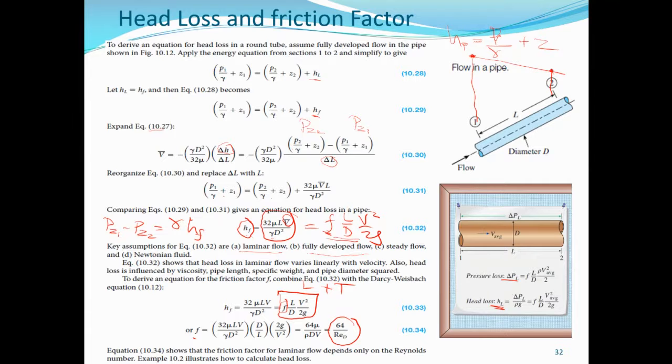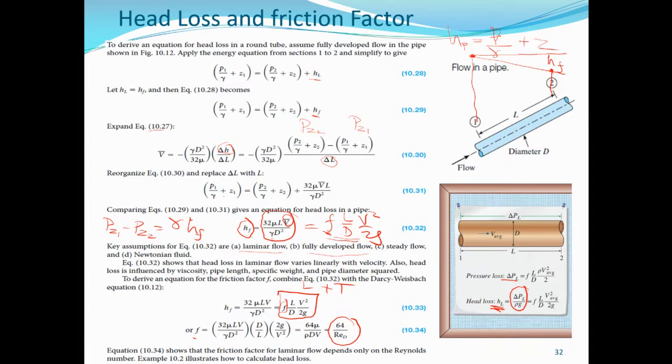So the piezometric head at point 1 minus the piezometric head at point 2 will give you the head loss. The difference in the piezometric head for the two points is the frictional head loss. That's why the head loss can be defined in terms of pressure drop, which is delta P over rho g, can be defined in form of the pressure loss.